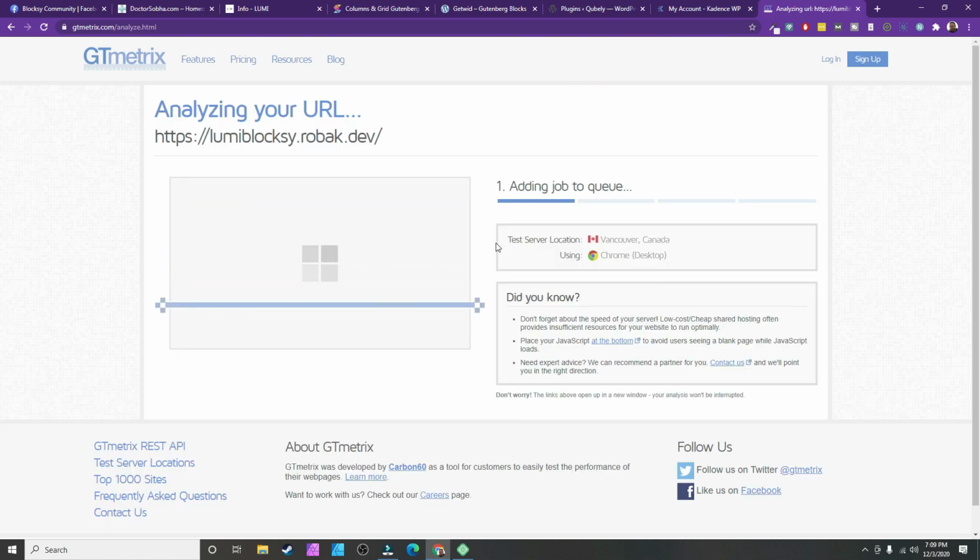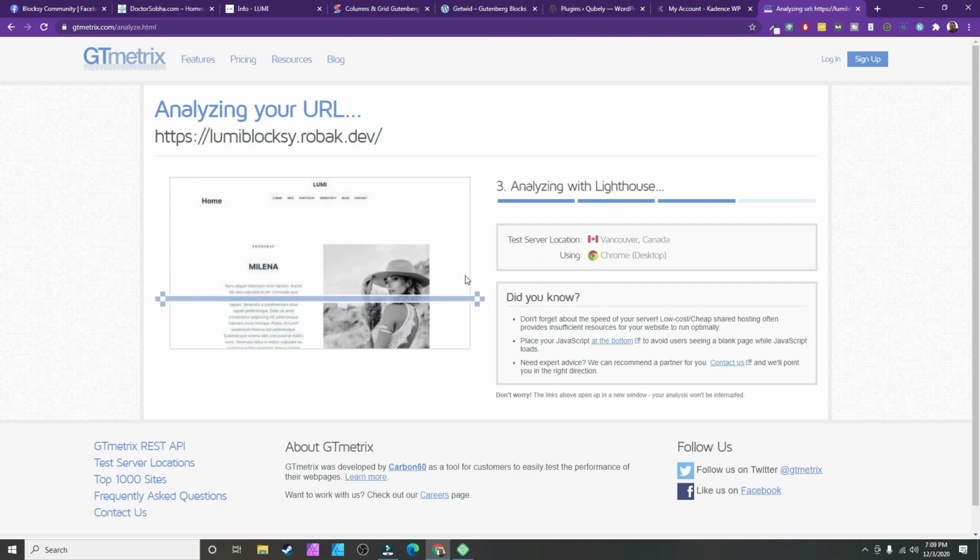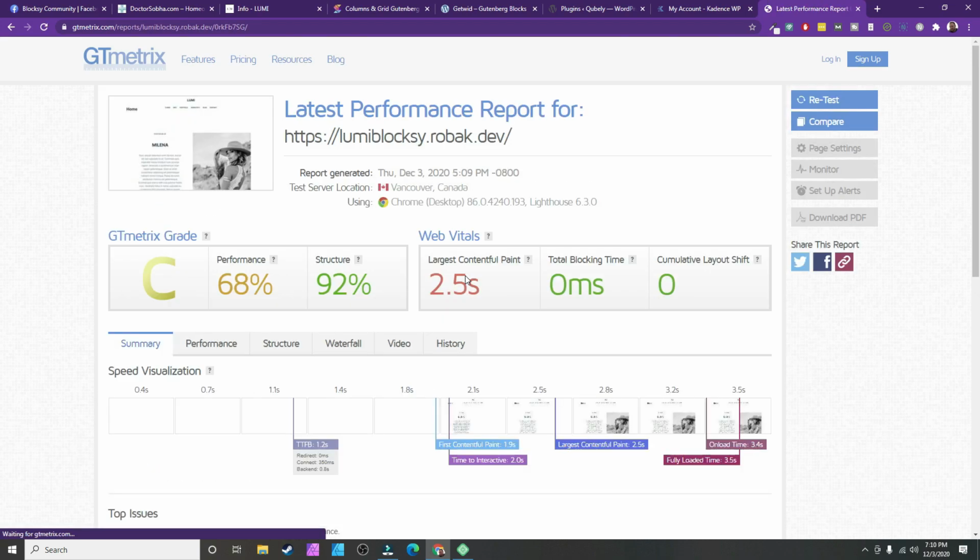Not because Blocksy is so much better, but because people are starting to realize that these builders are slowing their websites down, and I think it's become a thing. They know that, and so they're moving towards a Gutenberg type system.